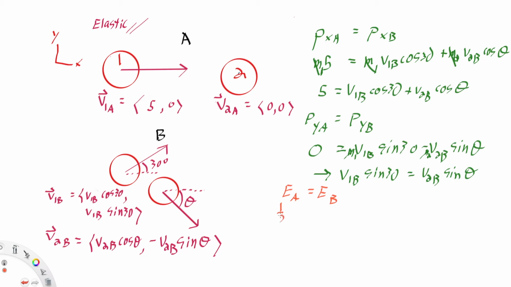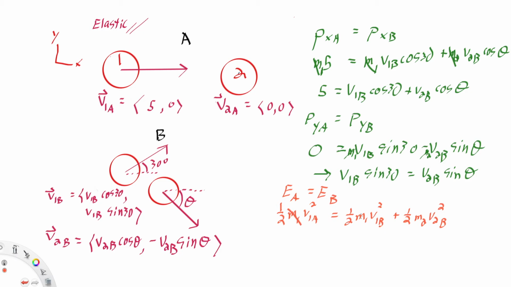So we have 1/2 m1 v1a squared equals 1/2 m1 v1b squared plus 1/2 m2 v2b squared. That's right, spring forces would only be during the collision, which we are not directly looking at. We're only looking at just before and just after, but not during.